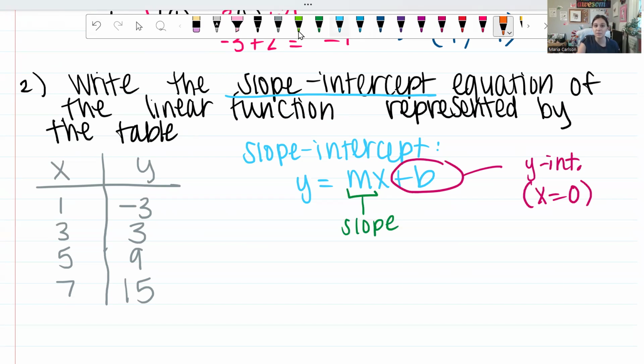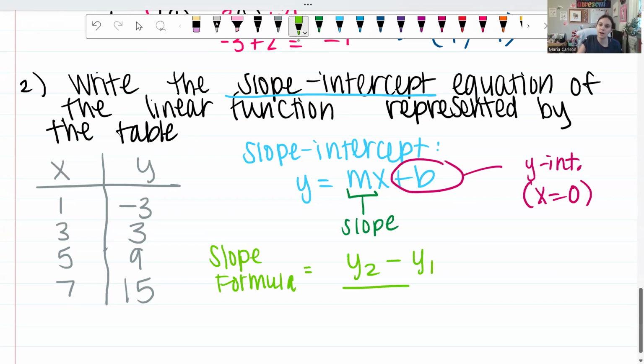So we should begin by finding our slope. Now, to find the slope between 2 points, we will use our slope formula, which is y2 minus y1 divided by x2 minus x1. I really just need 2 points for this, so I'm going to pick 2 points.